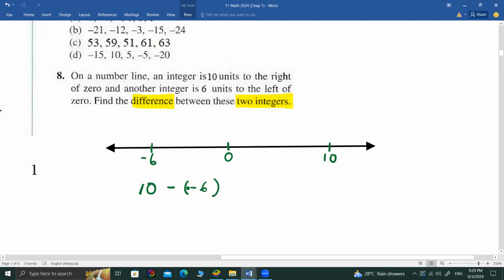Negative, negative, if they meet together, will become positive. Negative, negative, you change to positive when they meet like that. So you get what? 16. So this is the answer. I write down first, then I'll show you something. Write this somewhere, your solution.